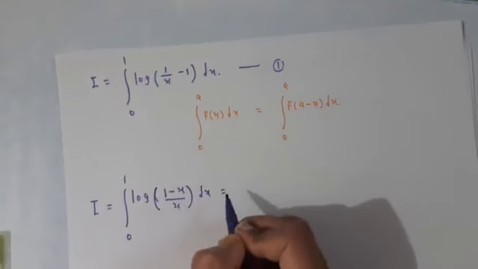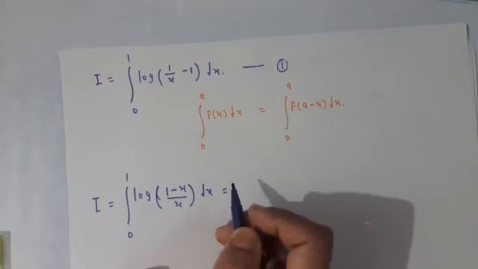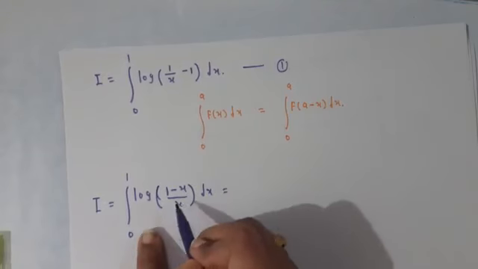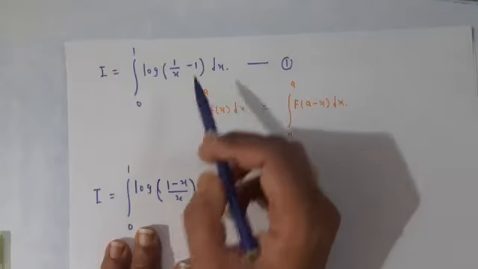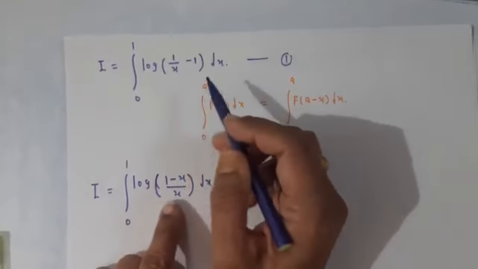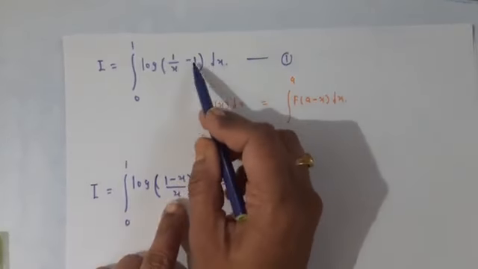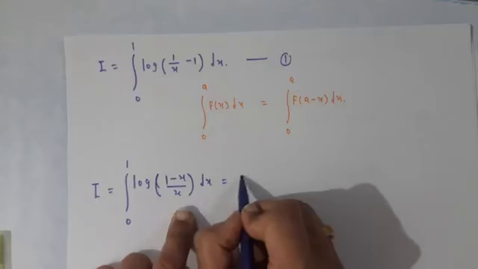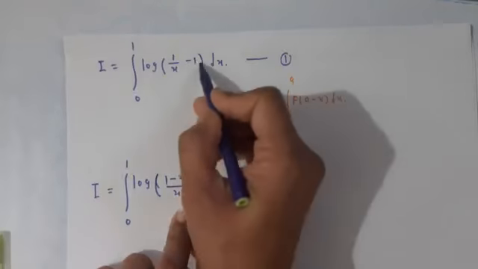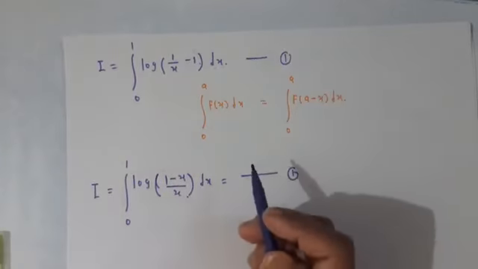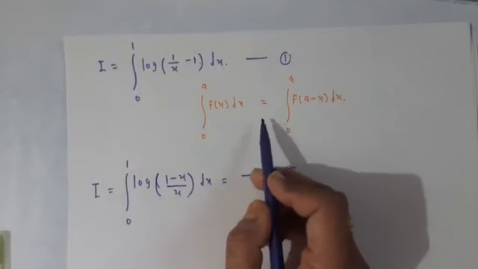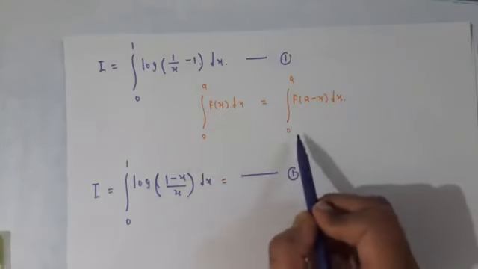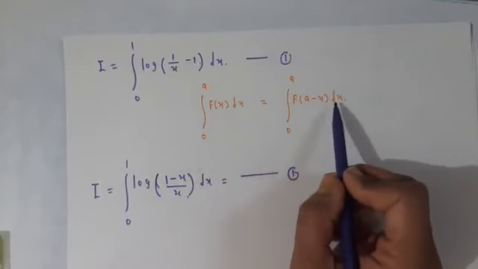Again by using the rules of logarithm, suppose this is the simplification of this. Now applying this property, integration 0 to a f of x with respect to x is 0 to a f of a minus x.